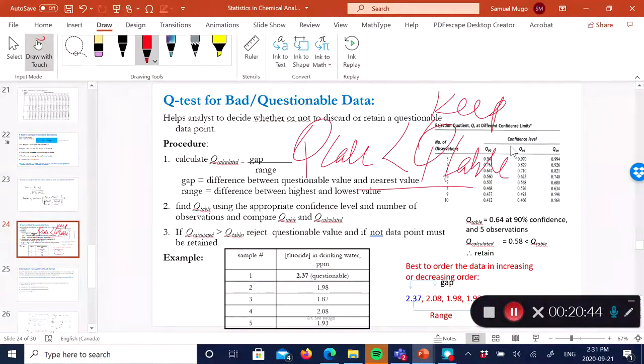Okay? Let me give you an example here. You've got a set of data here. You've run it 5 times, and you've got this data set for fluoride detection in water, 2.4, 1.98, and so forth. Now, looking at your data here, you realize that the 2.37 is way farther from these other numbers. And so you want to do a Q test of your 2.37.